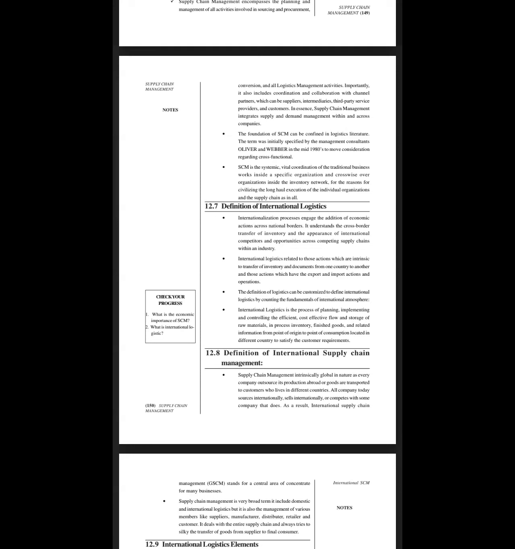Because the company's track record also tells you the story of what happened before with the company, whether they are really going to give a proper remark or not. So all these activities should be done if you are making any kind of transaction with an outside country, that is called international.